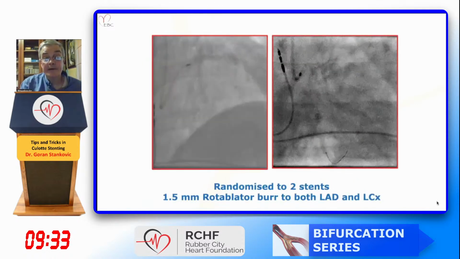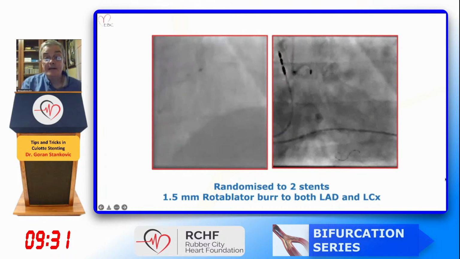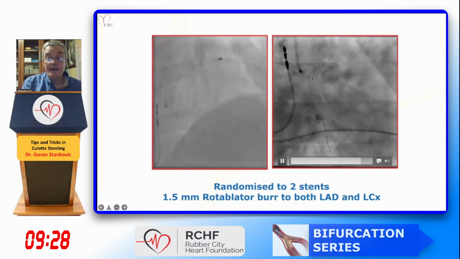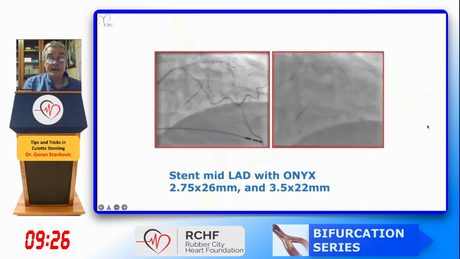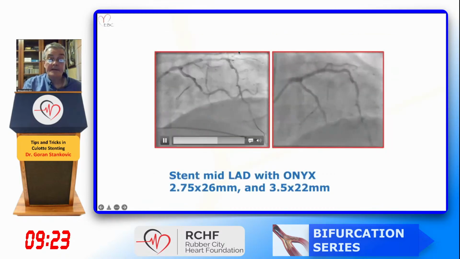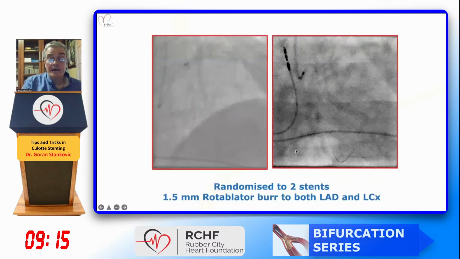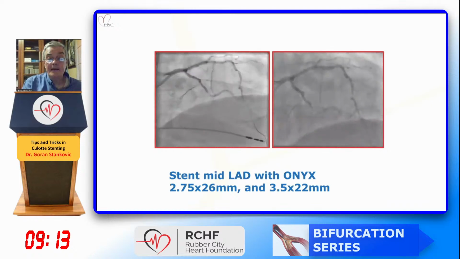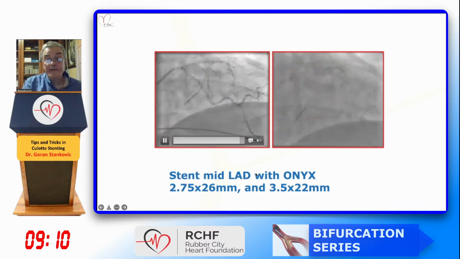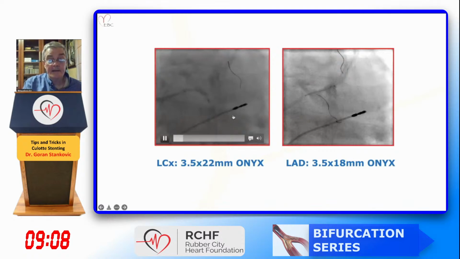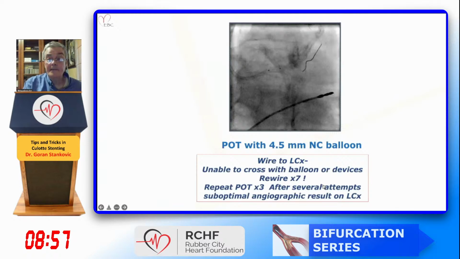So rota first in the LAD, in the left main, as well as in the mid LAD, then rota towards the circ, then stenting first the mid LAD, and then stenting towards the circ.